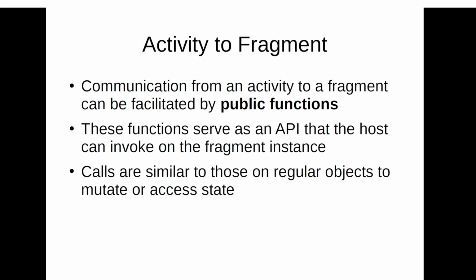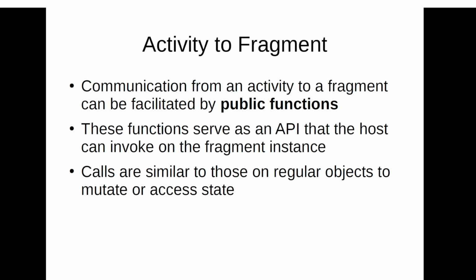And then once the instance of your fragment is created, we just invoke those functions directly as we would call them from any other object in a program. So this essentially is no different. The activity just sees the fragment as it sees any other object, and you can just call functions to either mutate the fragment state or call accessors to get information about the fragment.